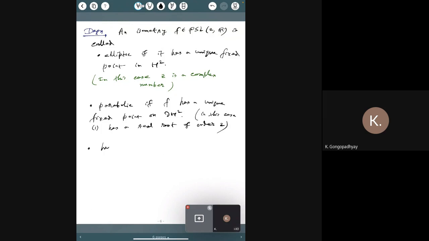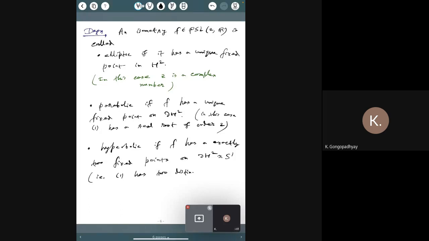It is called hyperbolic if f has exactly 2 fixed points on the boundary of H2, that is, 1 has 2 distinct real roots.